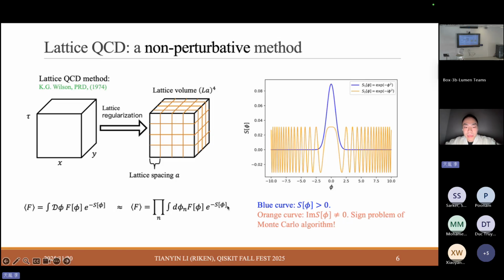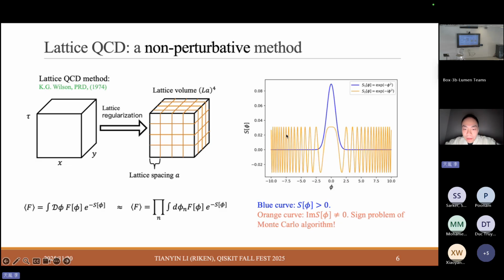We may ask, can this method always work efficiently? The answer is no, because this depends on what the action of a system looks like. If the action looks like the blue curve here, we can simulate this system efficiently using the lattice QCD method. That is because we only need to simulate the field from minus 0.5 to 2.5.